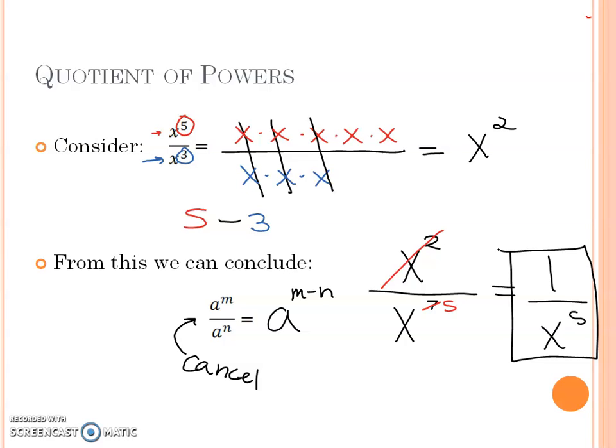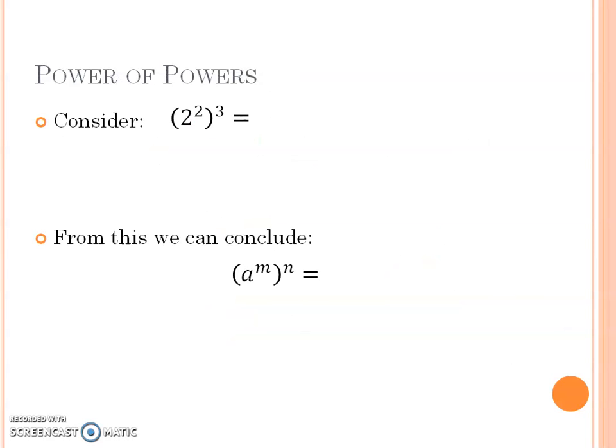Okay? Then we've got, I think, 3 more. We've got a power of powers rule. So I've got 2 squared, cubed. First off, if something is cubed, that means that it's being multiplied by itself 3 times.